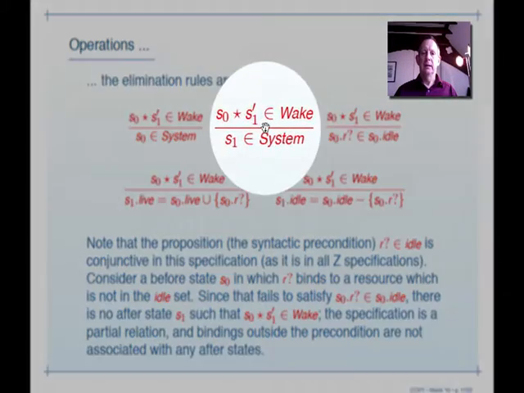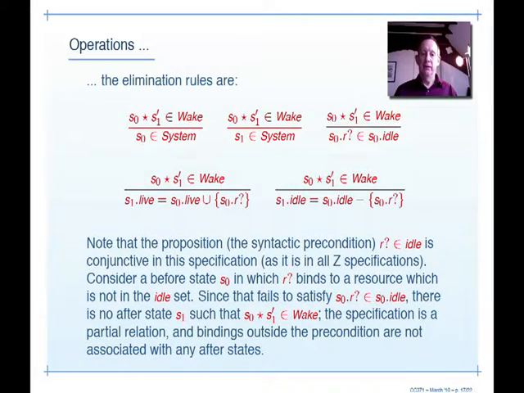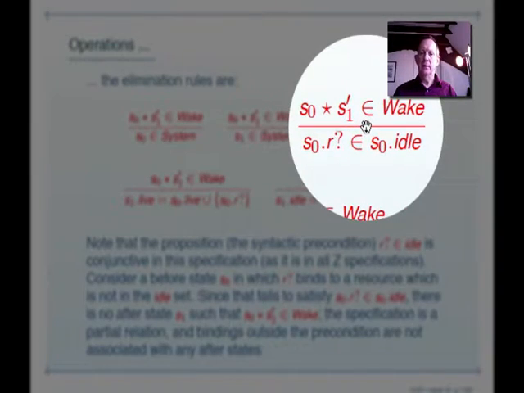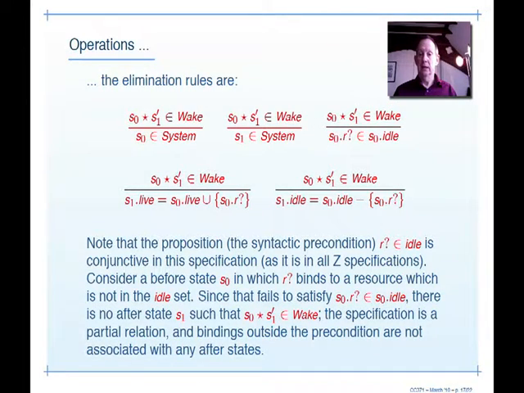Similarly, here, if you have a state transition in wake, then the after state is a legitimate system. And once again here, you notice the primes are missing. We could quite easily have written S1 prime element of system prime as a conclusion, but there's really no point. The third elimination rule, if you have a state transition in wake, then the resource in the initial state is idle in the initial state.